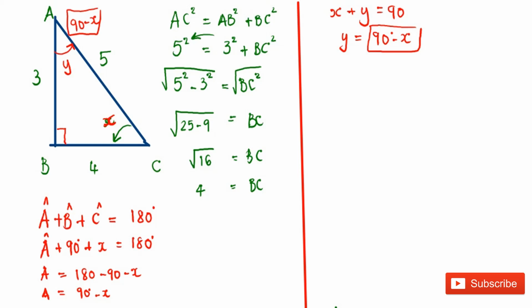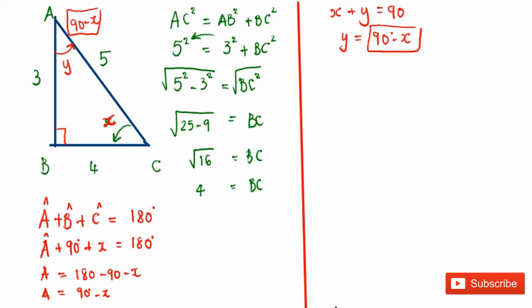So we can start with question 10.1, which asks us to calculate the value of cos of y. So what is our cos of y? We look at our angle y there, and we think of SOHCAHTOA. What is the side that is adjacent to our angle y? The side adjacent to angle y is 3.